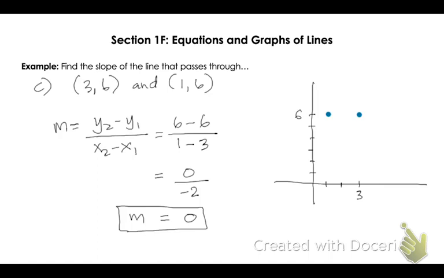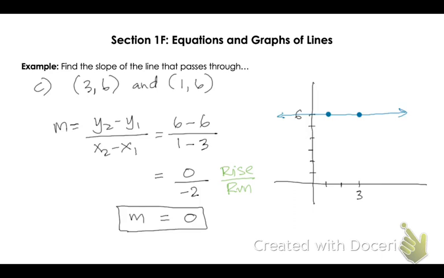You can see that having the same y coordinate caused this to be a horizontal line. It makes sense that the slope is 0, because no matter how far I run left to right, my rise is always 0. This line is all run and no rise, so you get a slope of 0.